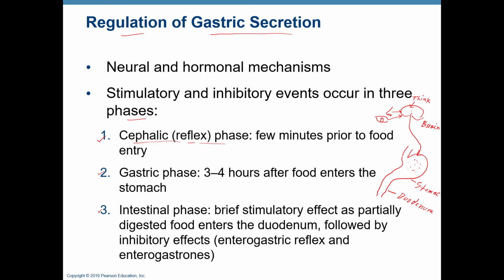Also, this signal goes to the salivary gland in the mouth to secrete saliva. So when you smell or see or think about food, salivary secretion as well as gastric secretion occurs.